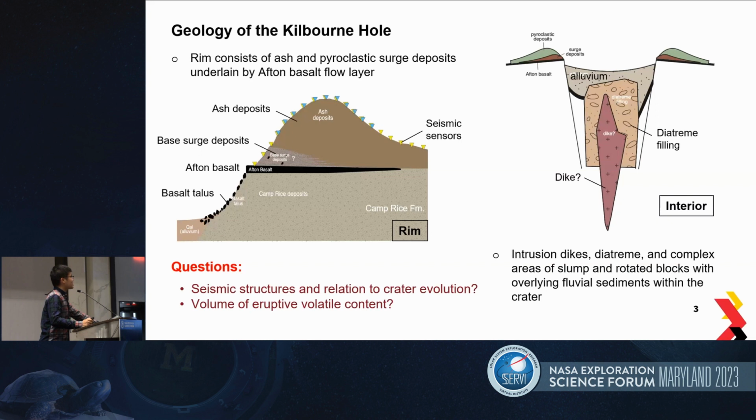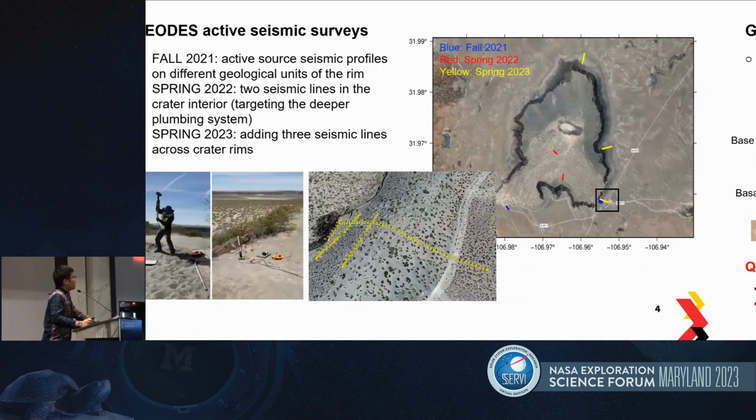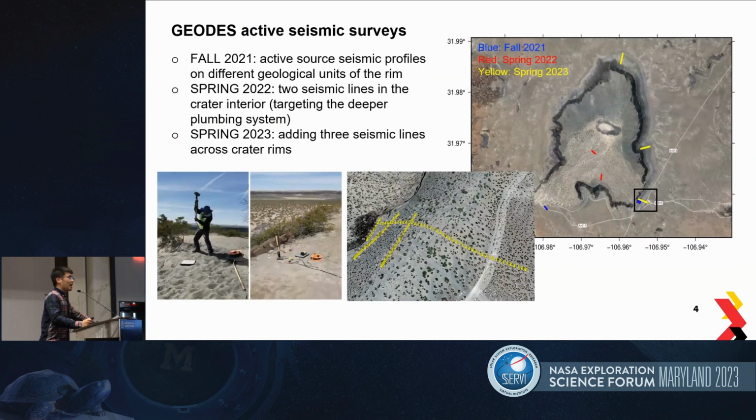To answer those questions, we mainly rely on interpreting seismic data. So far, GEOS has conducted active source seismic surveys on different geological units on the rim of the crater and inside the crater. They are shallow reflection and refraction seismic surveys along a geophone line using a sledgehammer as a source.